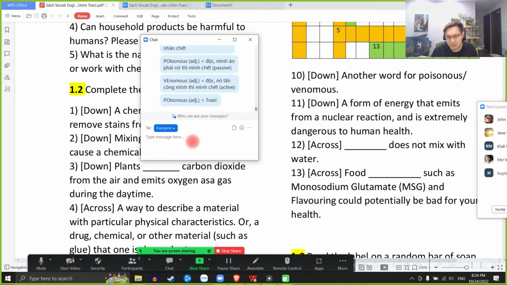However, think about milk tea laced with cyanide. Trà sữa có dính cyanua. You heard about that story, right? 2 years ago, someone died because of this incident. Đầu độc á.